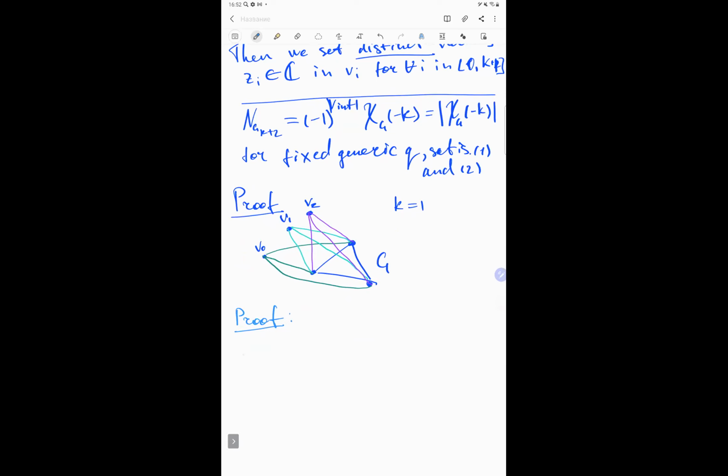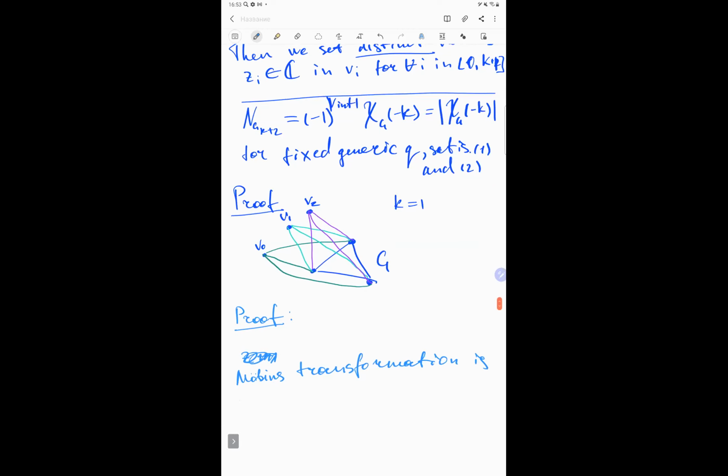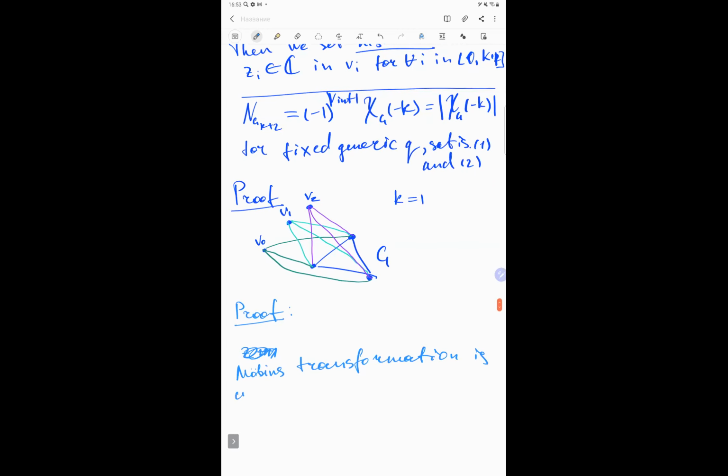Möbius transformation is a transformation of the complex line, which is a composition of affine transformation and inversion.